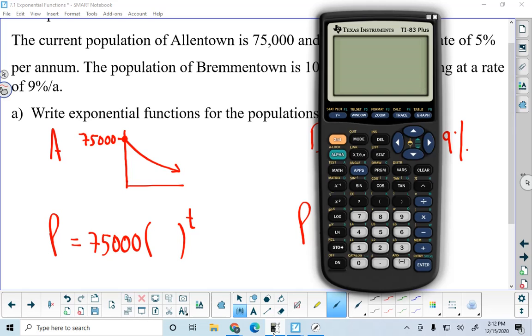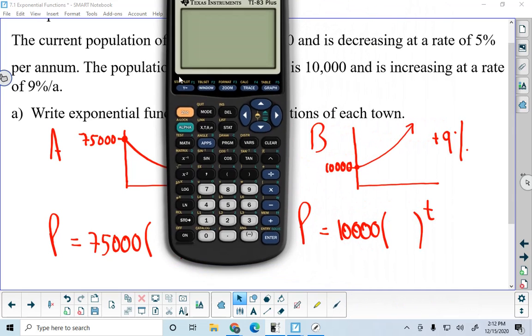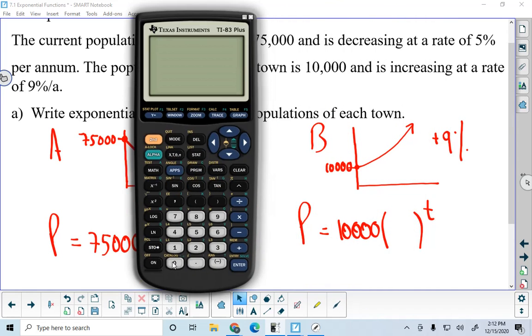Let's see. If I take 10,000 and I find out what 9% of that is, which is 0.09, and I add it to the 10,000, then I get this number. What do I multiply 10,000 by to get this number? Well, I could work backwards and take this number divided by 10,000.